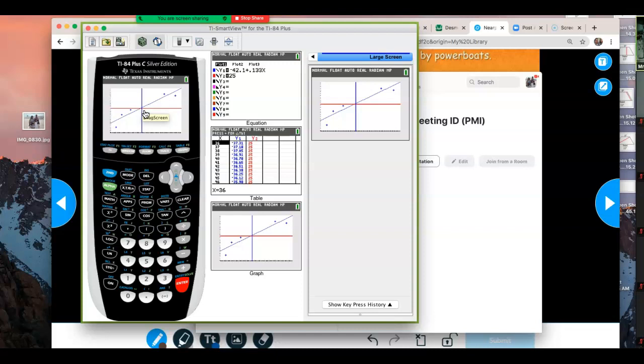The standard deviation of x is how far each of these points are, on average, away from the vertical line. Standard deviation of y is how far away are these points from the red line. And then S, your standard error of the residuals, is how far away are the points from the predicted line.